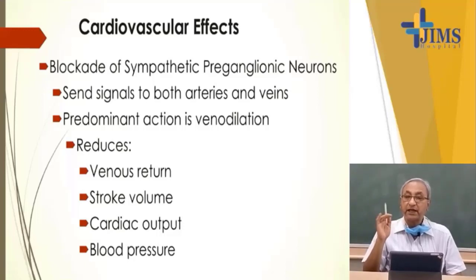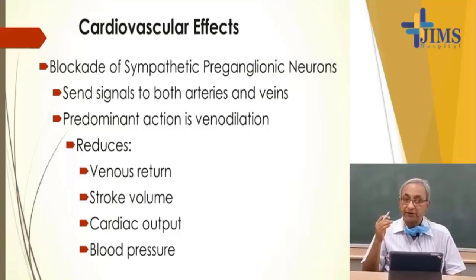So due to venodilatation, the venous return from the legs upward, which is basically the major supply of venous blood, becomes less. So there is venous pooling all the way from the heart down into the legs.